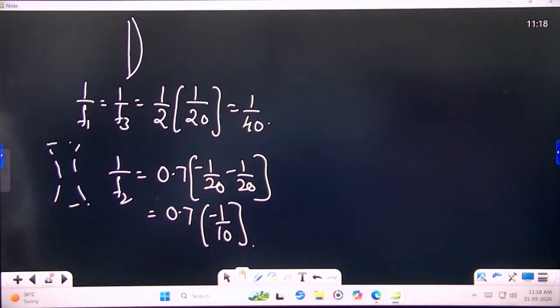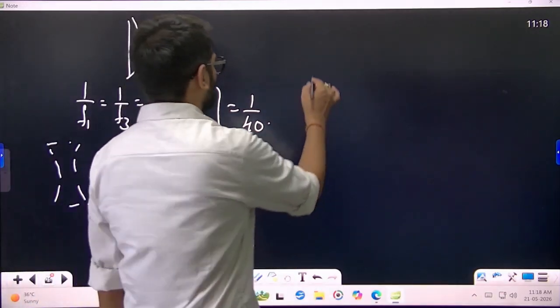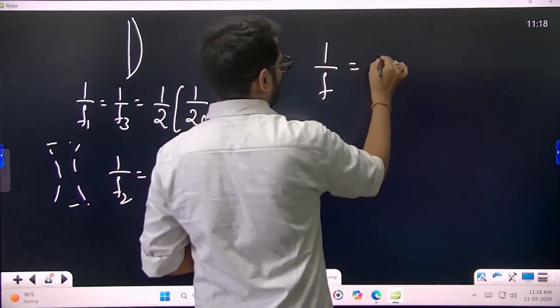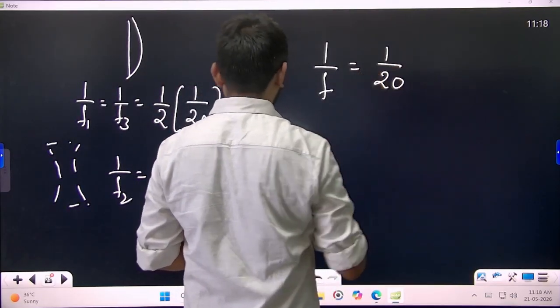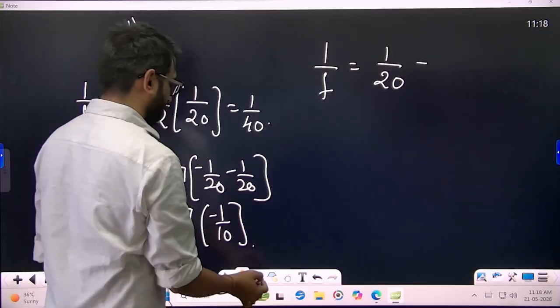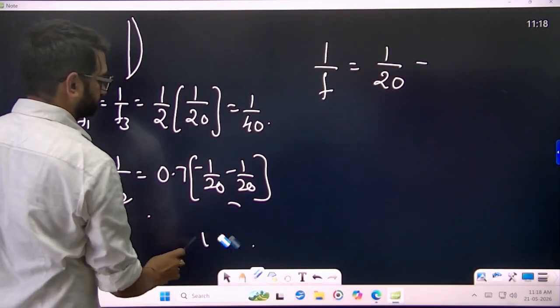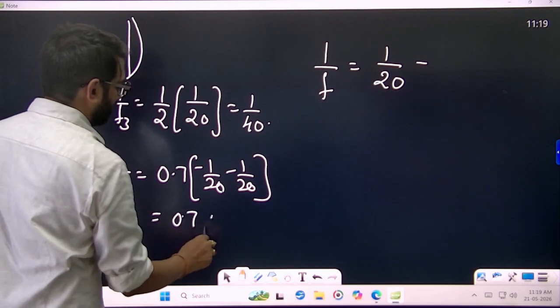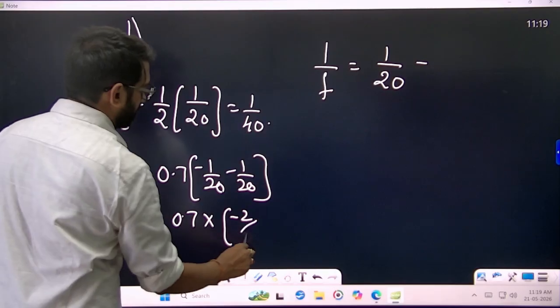Therefore now 1 by f is equal to 1 by f1 plus 1 by 40 plus 1 by 40, which is 1 by 20. Check once, 1 by 20, and this one is minus, I will retain this one only. 0.7 into minus 2 by 20.